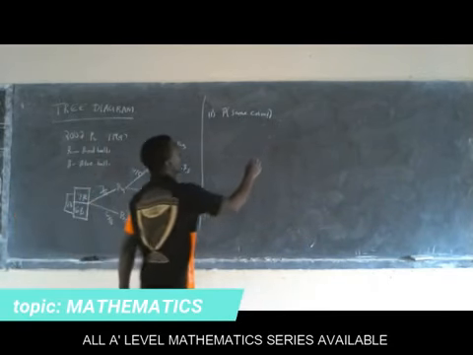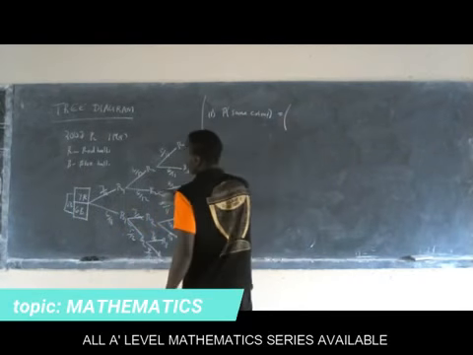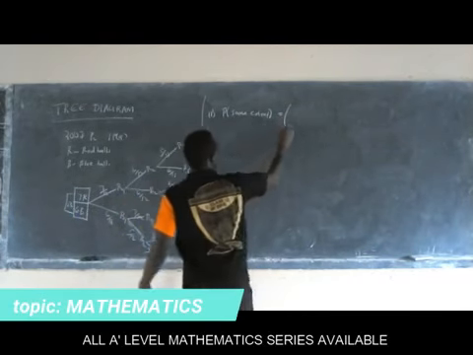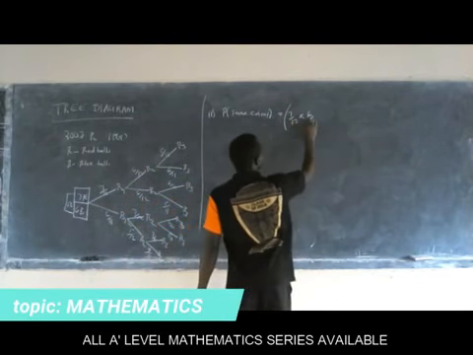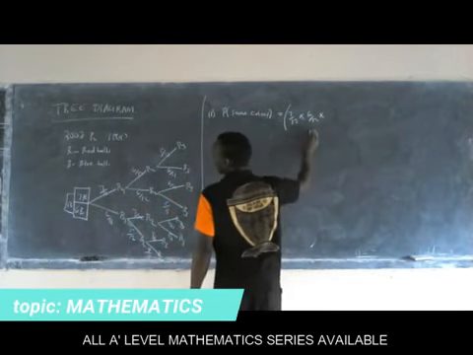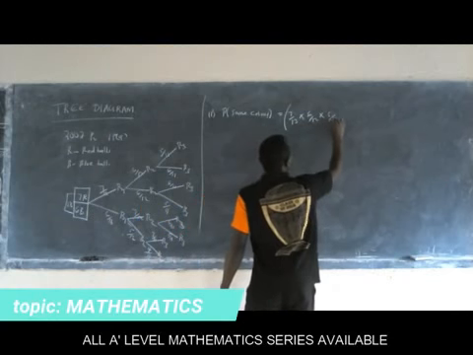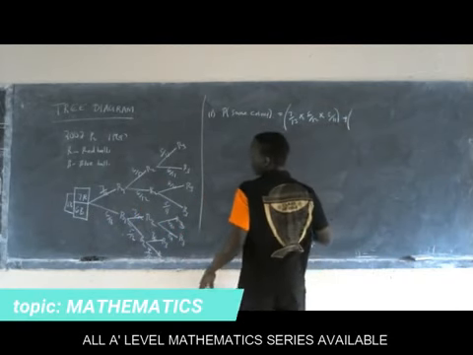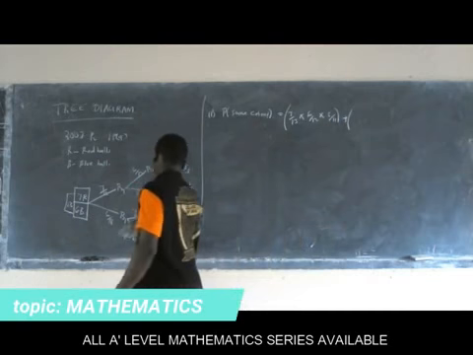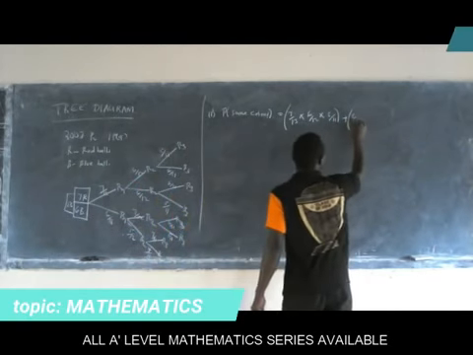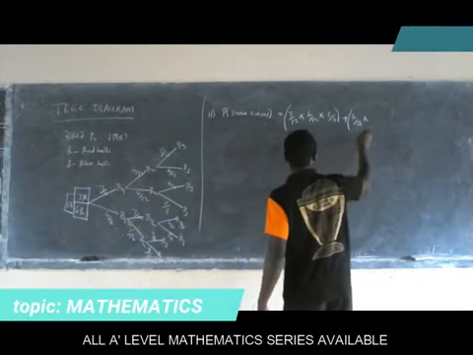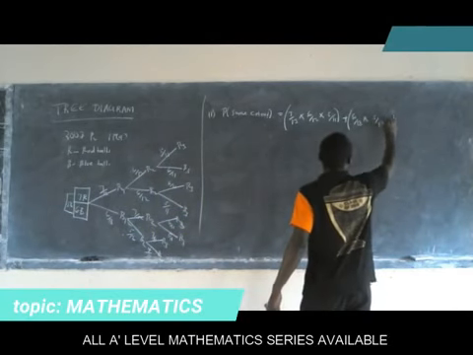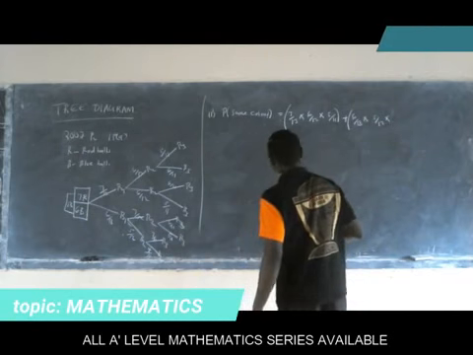So this shall yield for us red, red, red, which is 7 over 13 times 6 over 12 times 5 over 11, plus blue, blue, blue. This becomes 6 over 13 times 5 over 12, then lastly times 4 over 11.